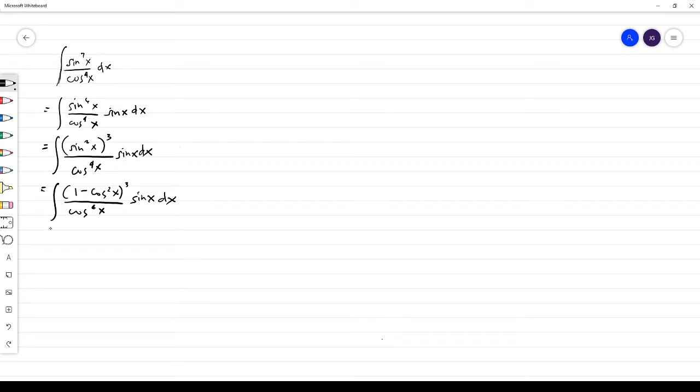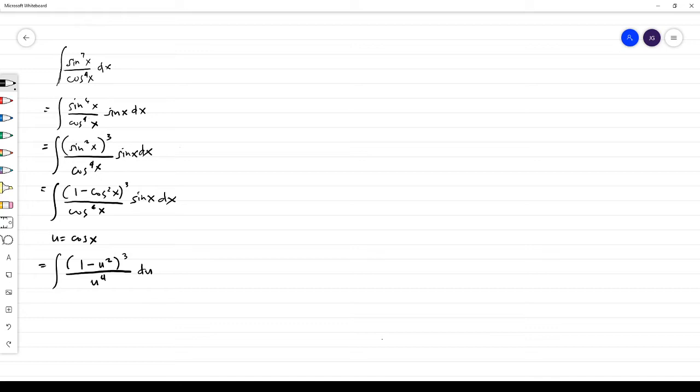From our equation, we can say that it is equivalent to 1 minus u squared over u raised to 4, times du, since our sine x dx is the derivative of our cos x.